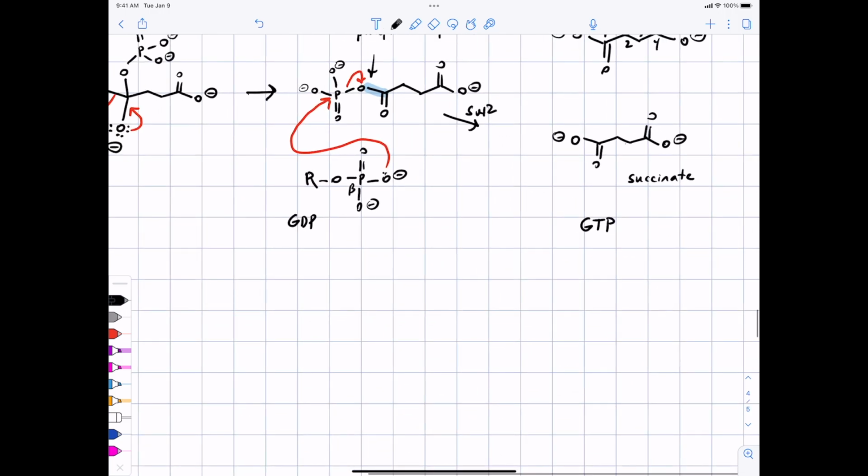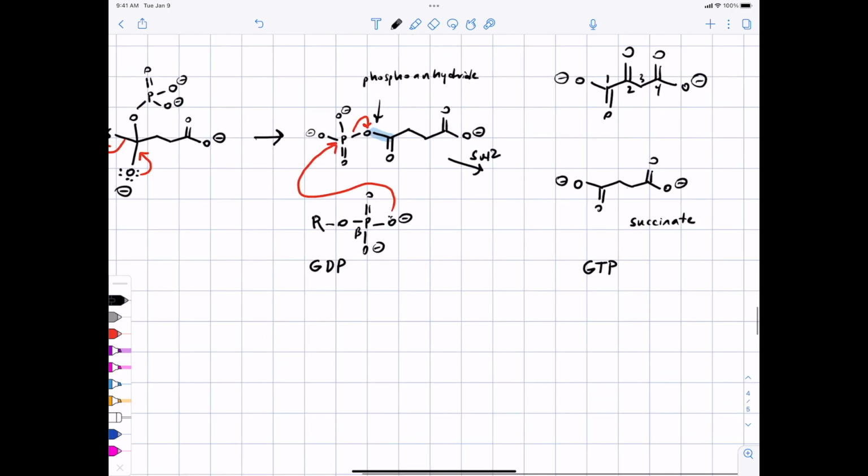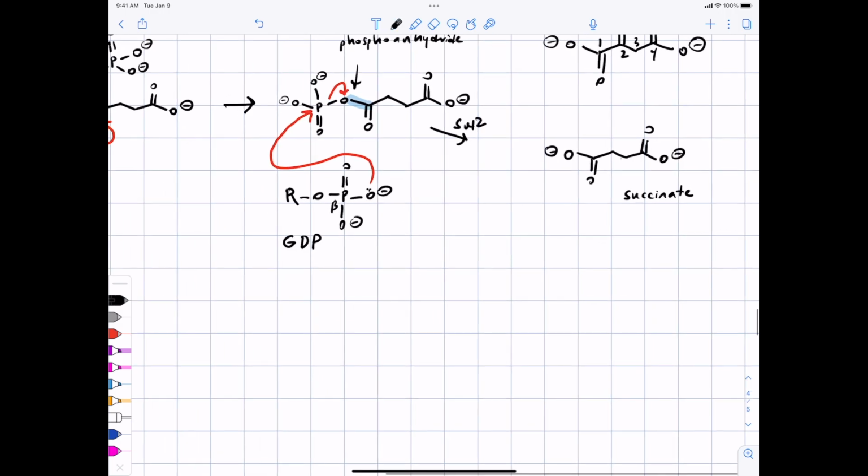All right, I'm not drawing the structure of GTP because you can look it up, but the point is, well, fine, I want to show the bond that we made, and so you can compare it to the strength of the bond that we broke.